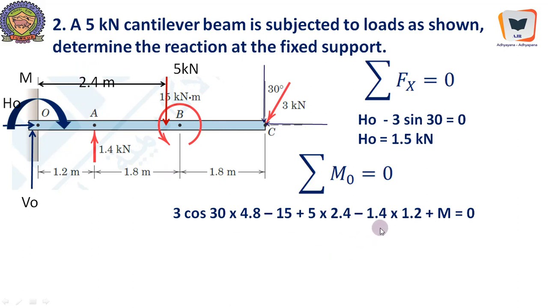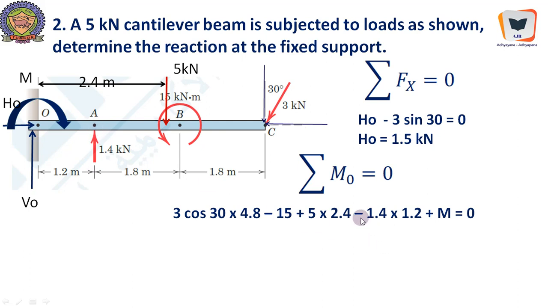Minus 1.4, there is a force which is going up, contrary to our expectations, but this situation must have demanded a force going up. Usually beams are applied with loads going down. So 1.4 into 1.2, this is the moment arm and this is the vertical force.